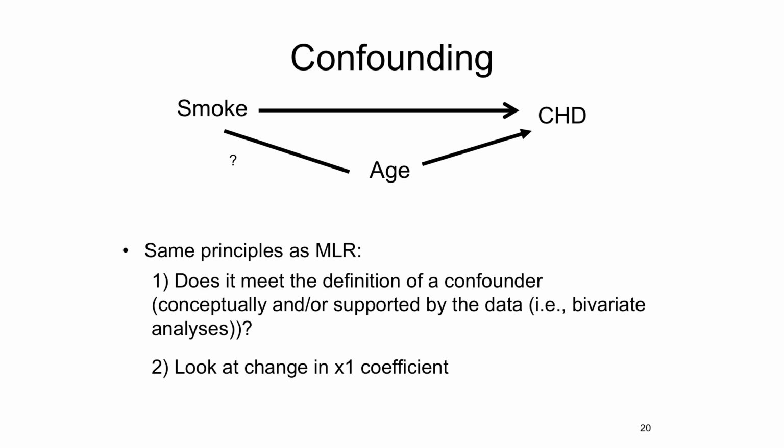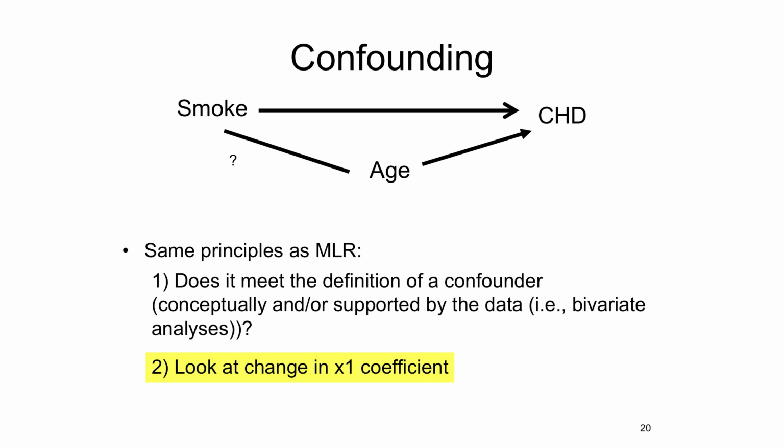Detecting confounding follows the same principles in logistic regression as linear regression. Does it meet the definition of a confounder, both theoretically and/or supported by the data? So does it make sense that the variable is associated with x1 and a predictor of y, but not on the causal pathway? And how are these variables associated when we look at bivariate associations or plots?